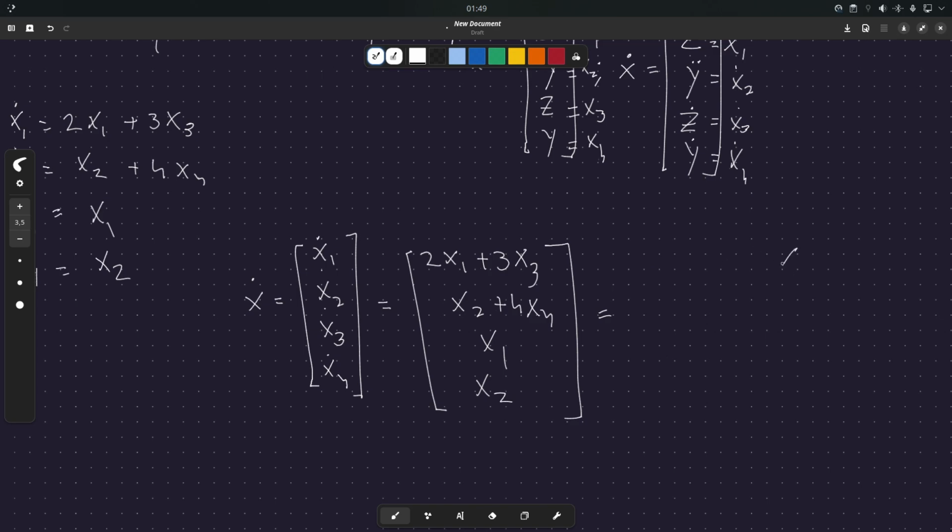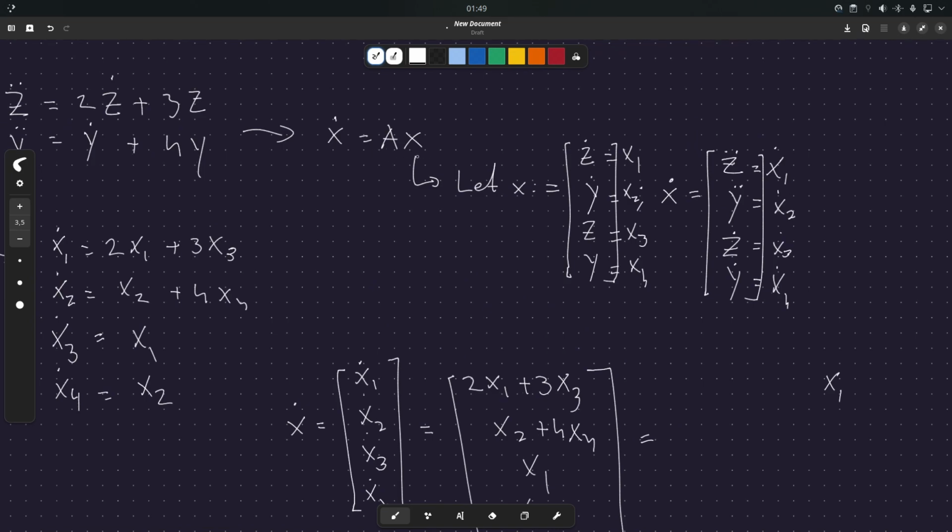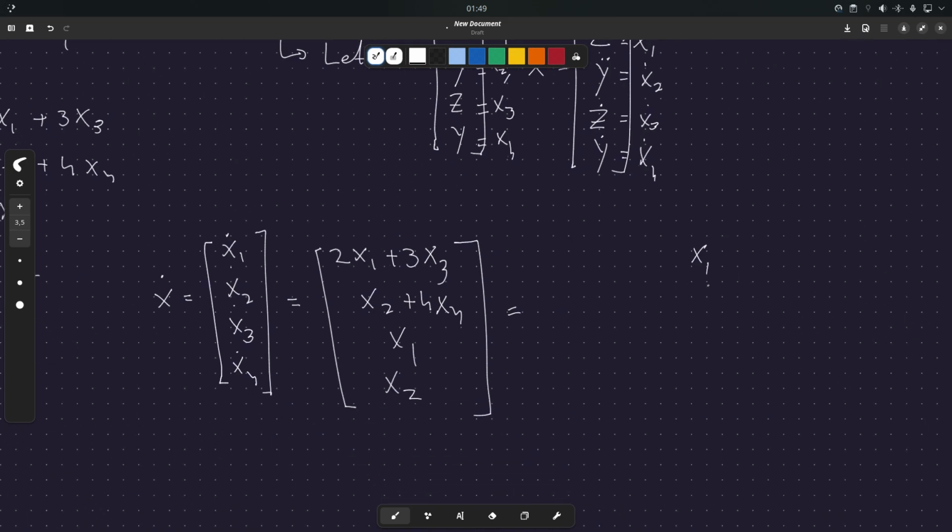Which would be if we have our x on the right-hand side, as we have it in our definition here, then what would we get? Well, the way linear algebra works is that if you multiply a matrix with a vector, you multiply every row of the matrix with the vector.